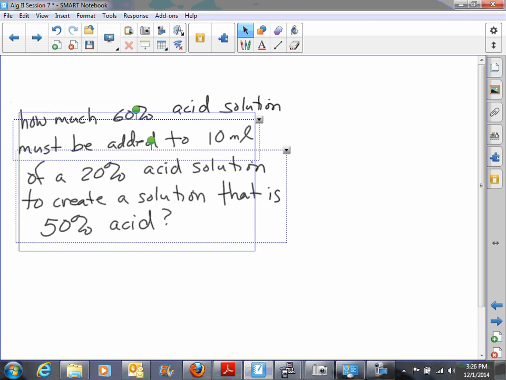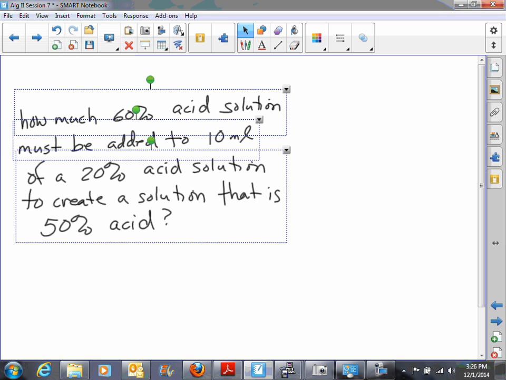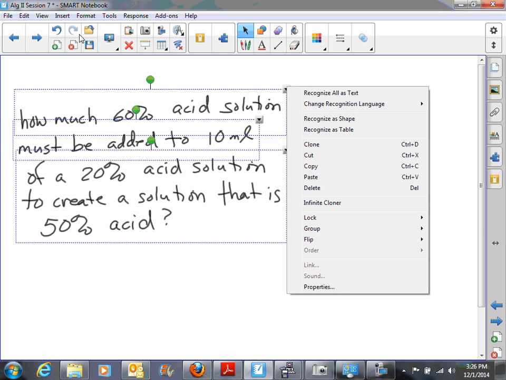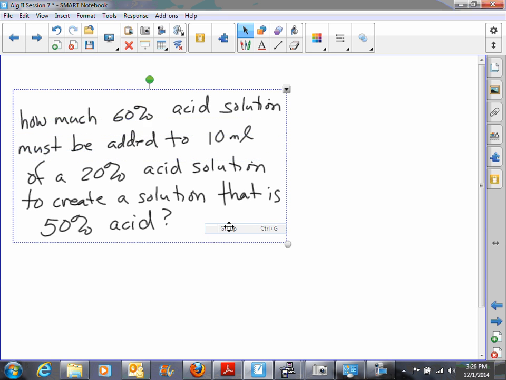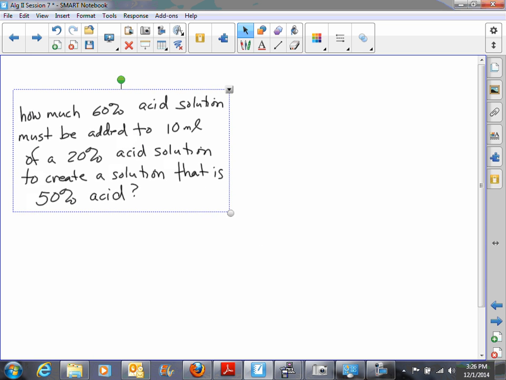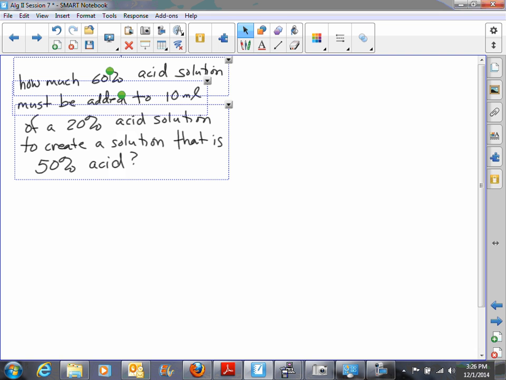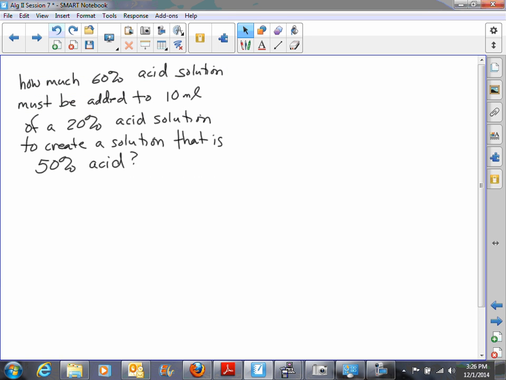How much 60% acid solution must be added to 10 milliliters of a 20% acid solution to create a solution that is 50% acid? All right, now what we're going to do is say we want our final result to be 50% acid.